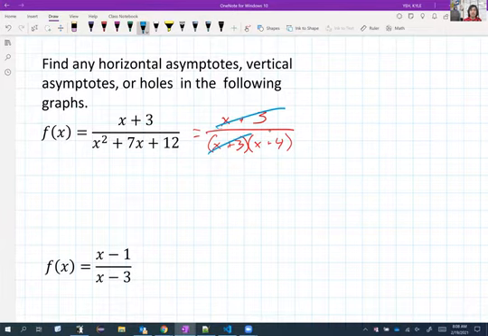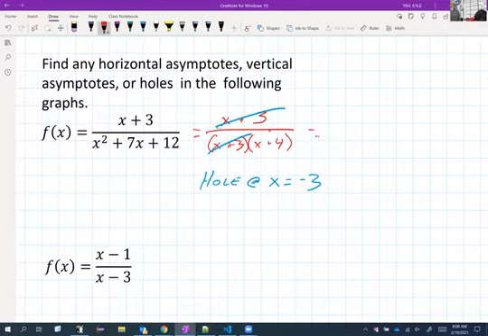That tells me right now, I bet I have a hole. I canceled a factor out on bottom. So I'm gonna just mark that really quick. So we have a hole at, and I can see it's gonna be -3, because that's what would cause undefined with my x plus 3 factor, the one that I crossed out. Hole at x equals -3, okay. So that leaves us with 1 over x plus 4.